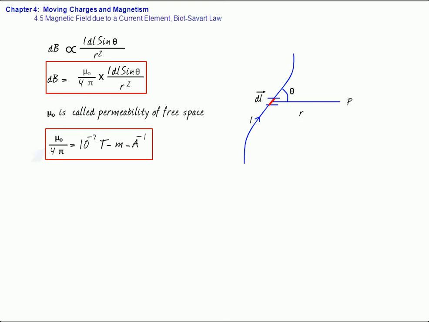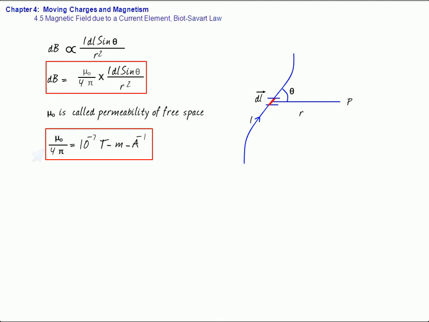Now this Biot-Savart law, if the question is to state the Biot-Savart law, then you can convert this mathematical statement into words. How to write the statement? See, the magnetic field due to a small current element at a point is directly proportional to number 1, the strength of current, number 2, the length of the current element, number 3, the sine of the angle between dl and r, and number 4, inversely proportional to the square of the distance between dl and the point at which the magnetic field is to be determined.